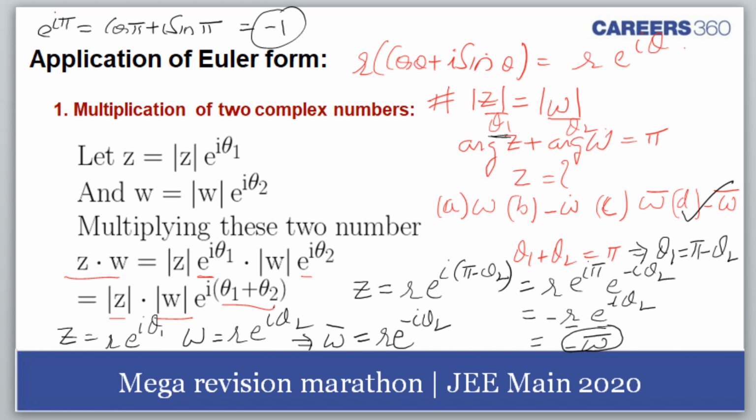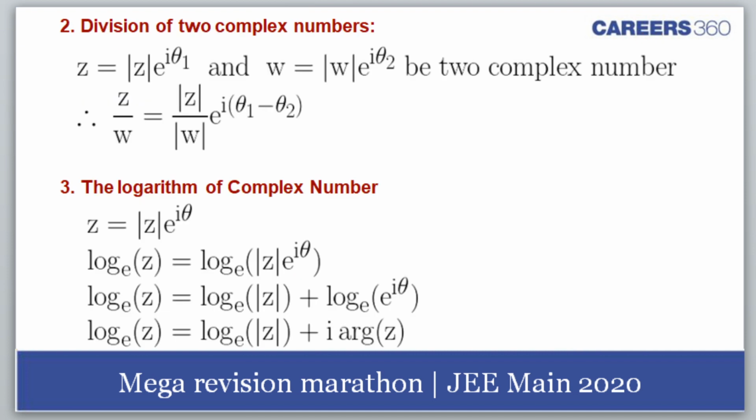Now we move on. When we divide two complex numbers, theta 1 and theta 2 are subtracted, I mean the arguments get subtracted. That's important. Then we talk about the logarithm of a complex number.